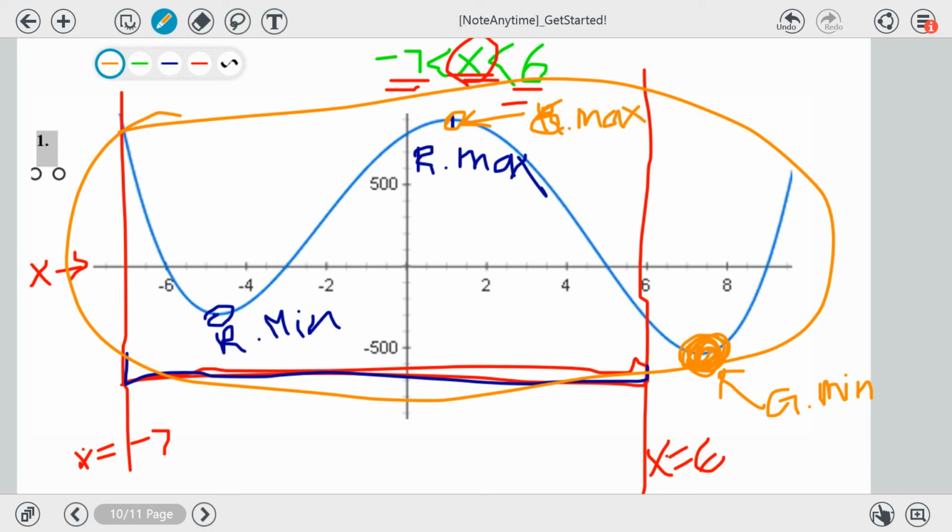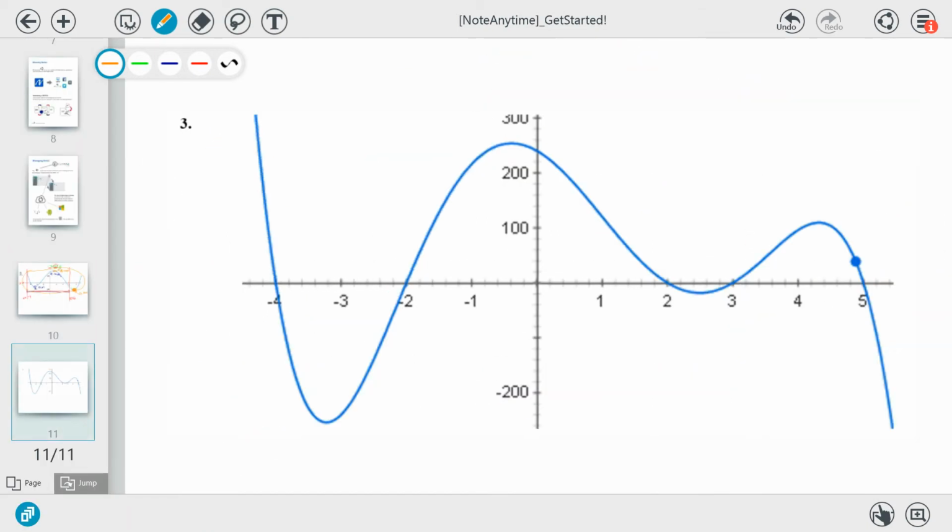Not too bad. So when I flip back to number 3, I want you guys to try the same thing. They're going to give you a range where you can look. So try to define your relative minimum and relative maximum. For instance, I'm not sure what I asked you to block off, I might have just forgot about it.